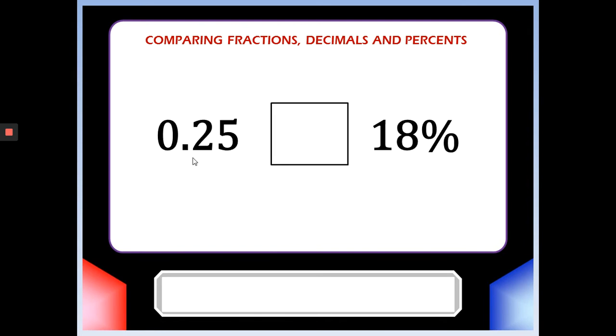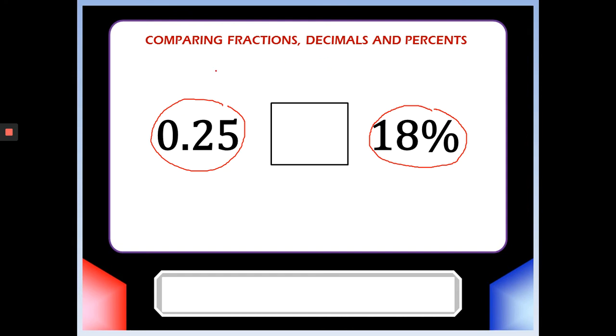This one, 0.25 and 18%. What do you think? We can make this into a percentage so we can compare them both, or we will convert this into a decimal. Any way is fine. So let's try converting the percentage to a decimal. Again, percent is a whole number, right?